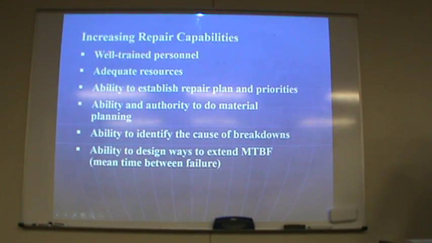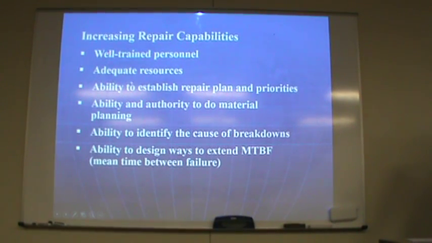And then how can we improve? We train and give resources and ability, train and then ability improves. And also the ability to identify the cause of breakdown by training, we can do it, or using some device, sensor and so on.